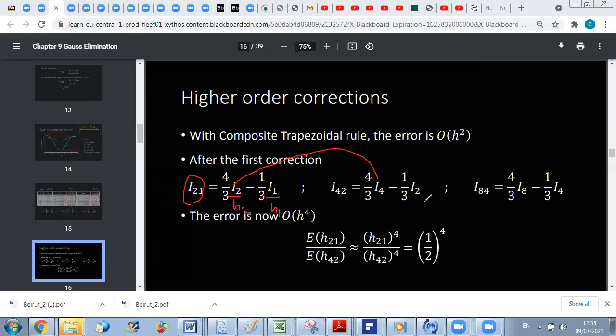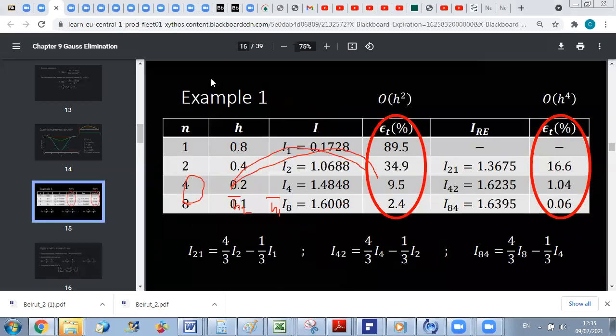This was obtained, if you remember, from the table. You got first a number of segments equal to 1, you got I1, using H1. Now to get I2, you are using H2 equal to 0.4.